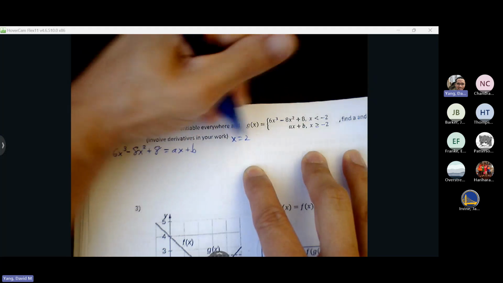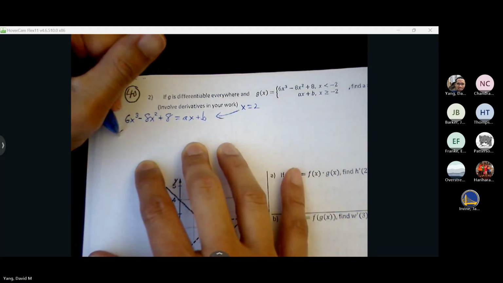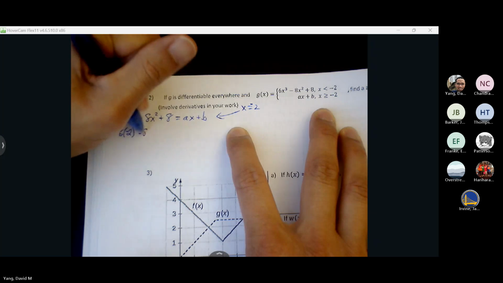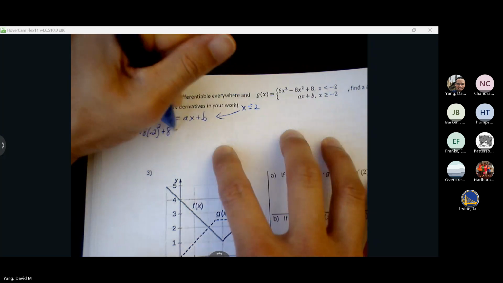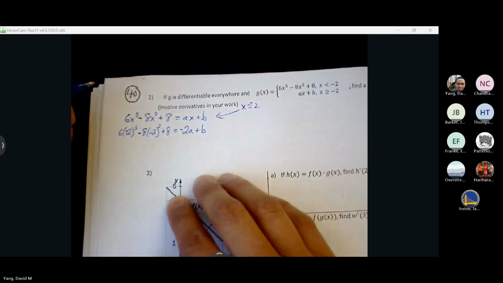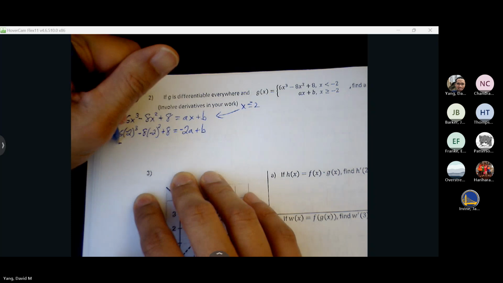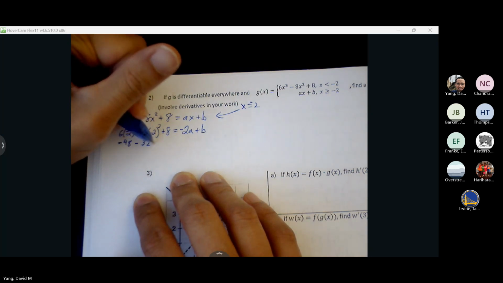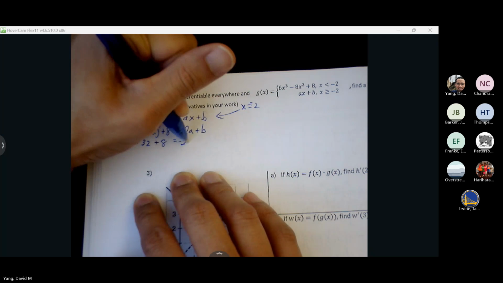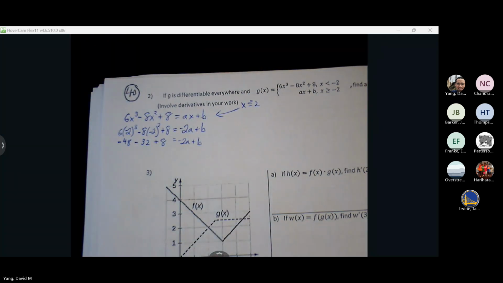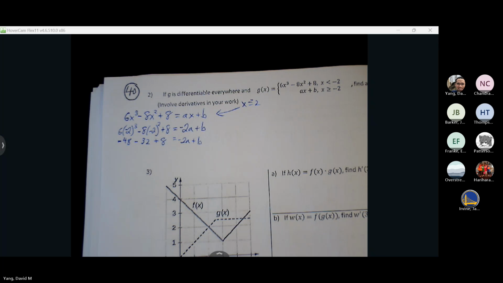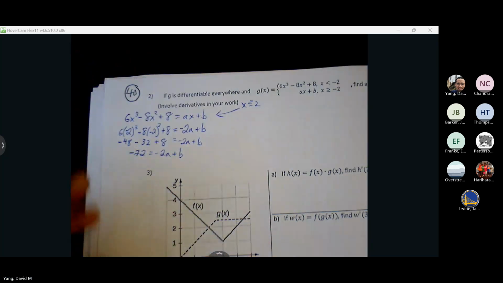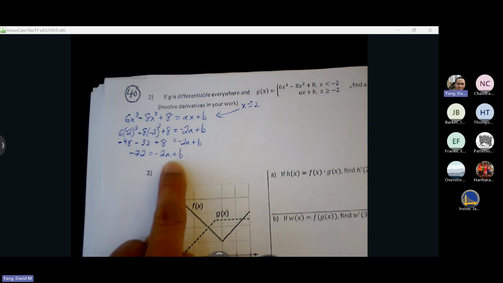Okay, replace every x with -2. -72. And so we go as far as we can, but we're going to be stuck no matter where you put your a's and b's.